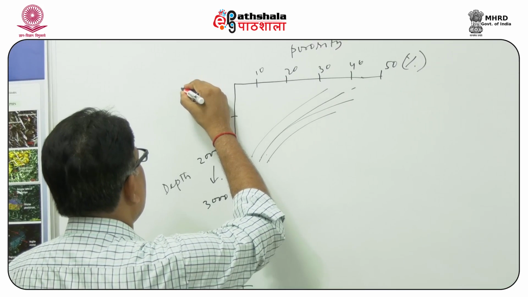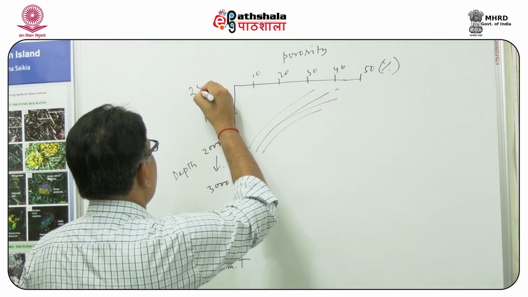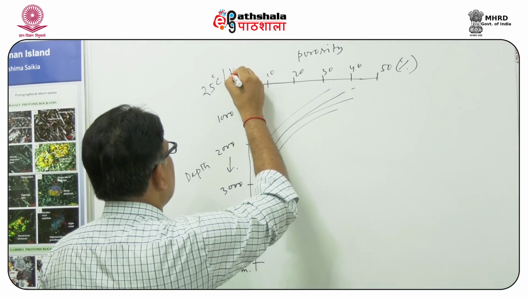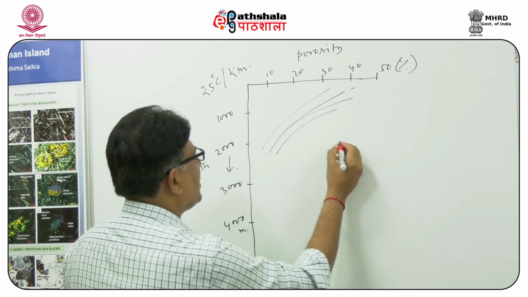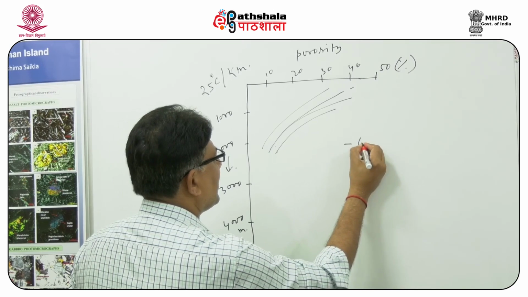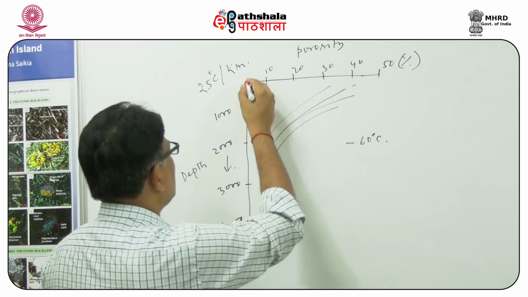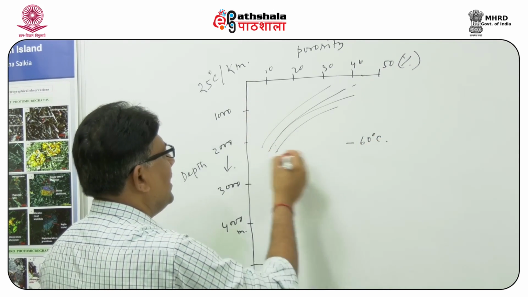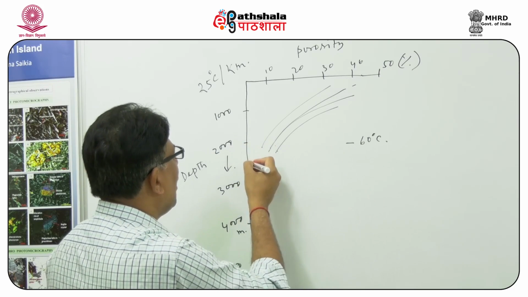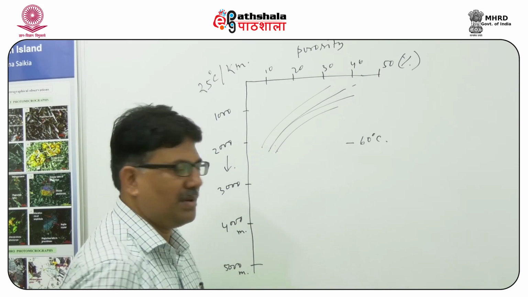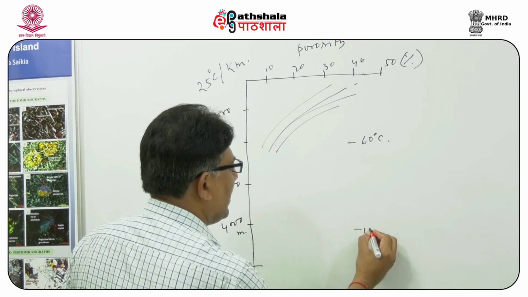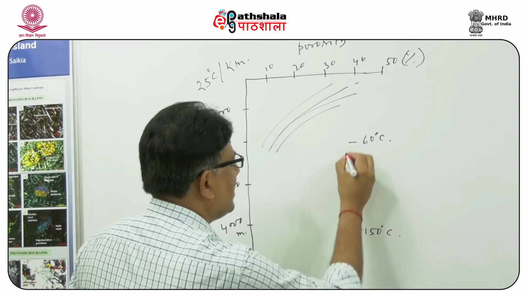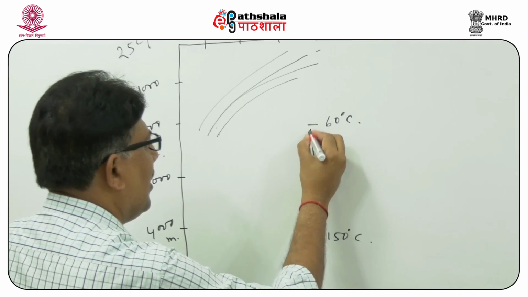If I have a geothermal gradient of about 25 degrees centigrade per kilometer, then the oil window will start somewhere here where you attain 60 degrees centigrade, that is, 25 degrees per kilometer, so 60 degrees centigrade is a little below 2000. And then you can go even up to 150 degrees centigrade, which is commonly what we find as the oil window.